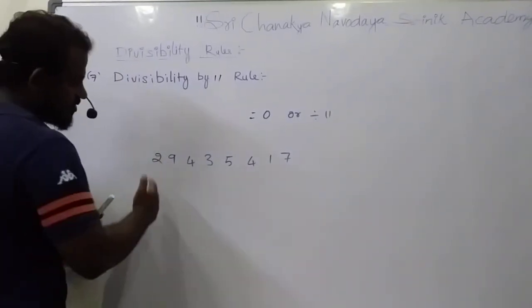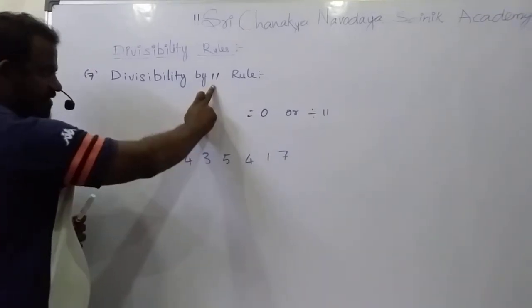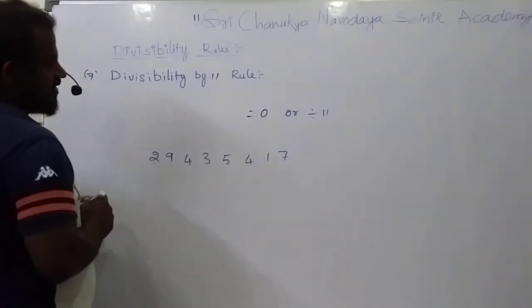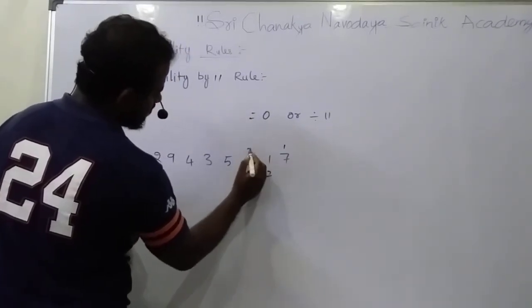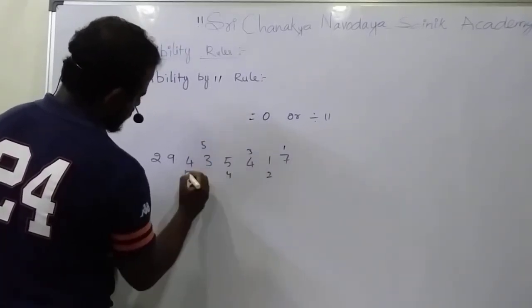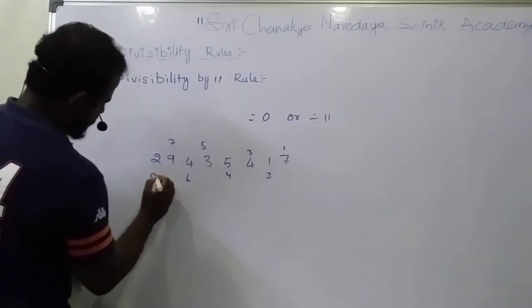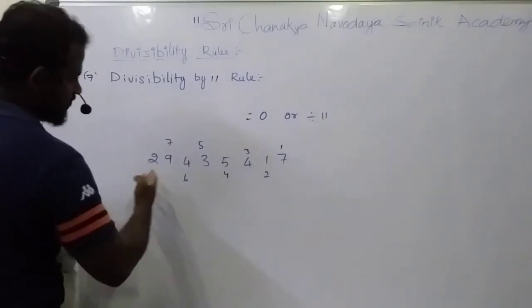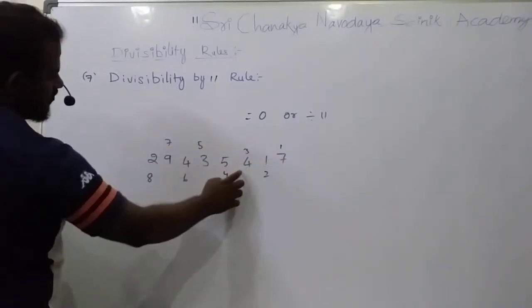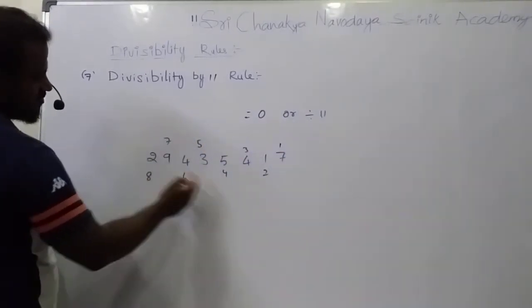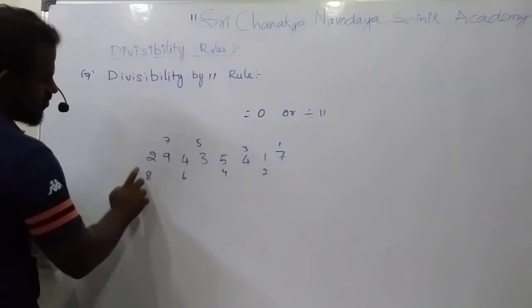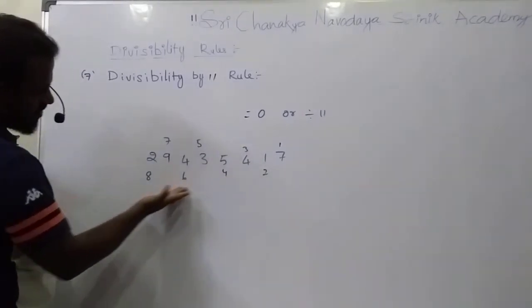as per the criteria, first mark the even places and odd places. So in this 8-digit number, 7, 4, 3, 9 are the digits at odd places, and 1, 5, 4, 2 are the digits at even places.